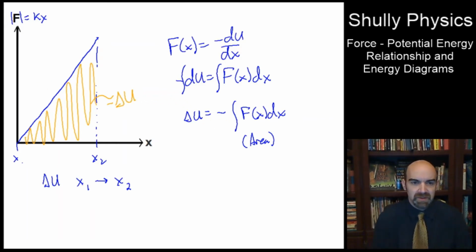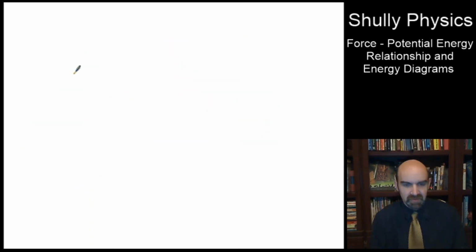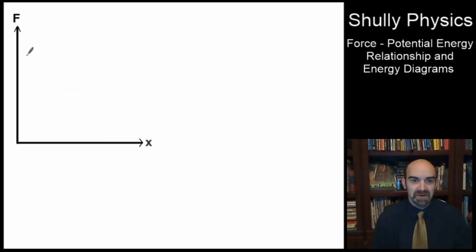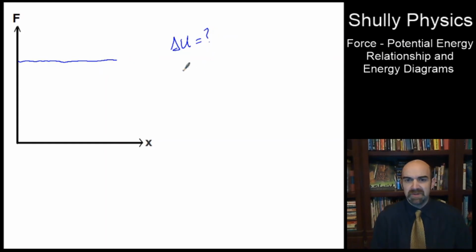What about coming back to gravity, okay? Well, gravity is a constant force, mg. So what's the change of potential energy as we lift up an object? Well, the force as a function of position is just a constant, mg. That's all that's going to be.